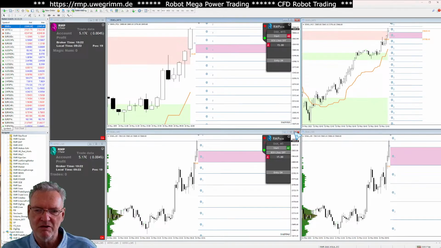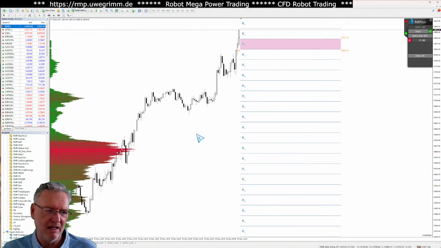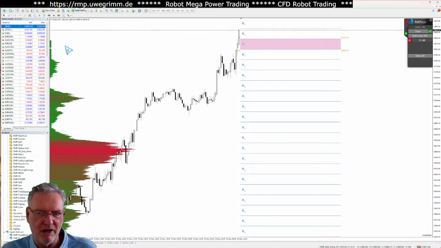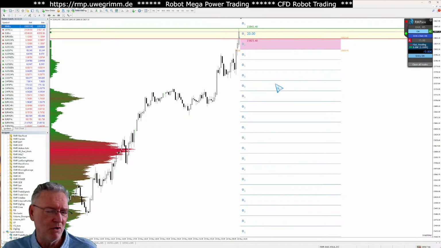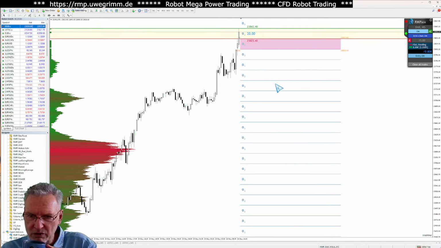This indicator is already here inside, and you see we have this big red bar, but here where we are now, there is nothing. So we can click on our grid and dive directly into this trade, because this is a good zone where to trade.